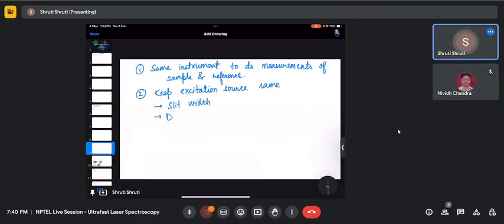So now these days people mostly use gratings and slits. So what these two things are doing: you have a light source here and you put a slit in between.